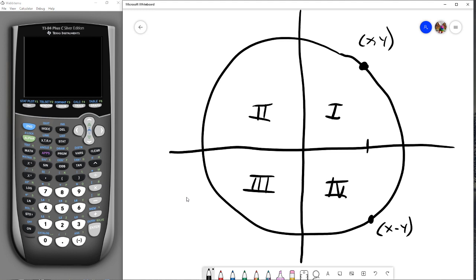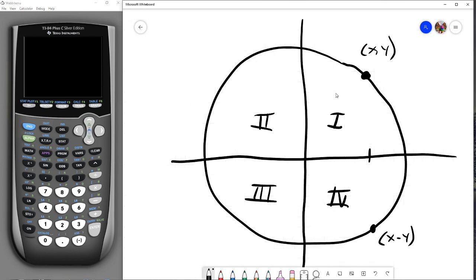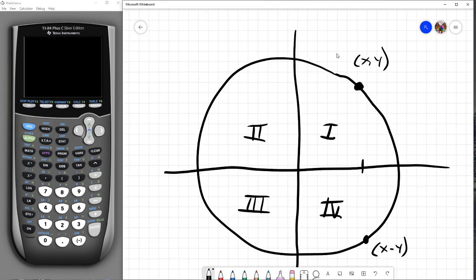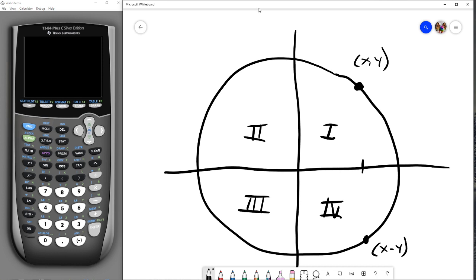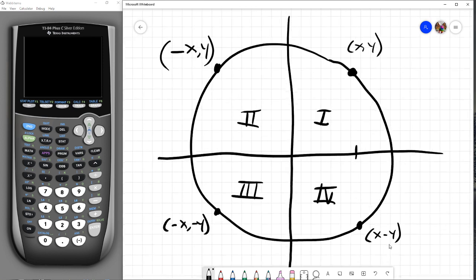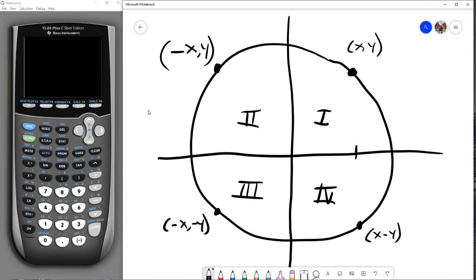And with our quadrants, we know that in quadrant 1, x and y are positive. Quadrant 2, we'll have a negative x and positive y. Quadrant 3, we have negative x, negative y values. And in quadrant 4, x is positive, y is negative.